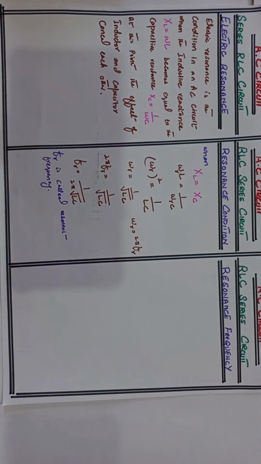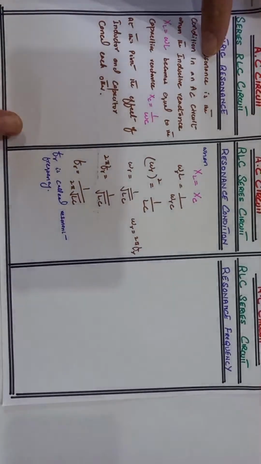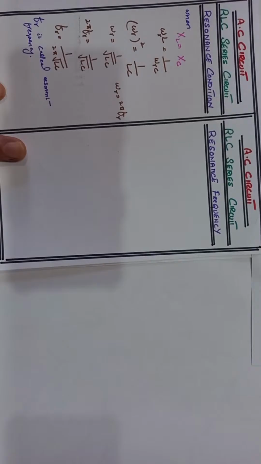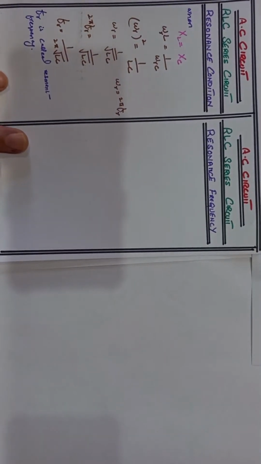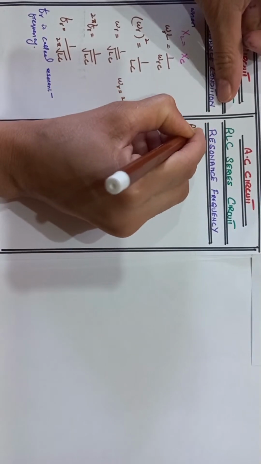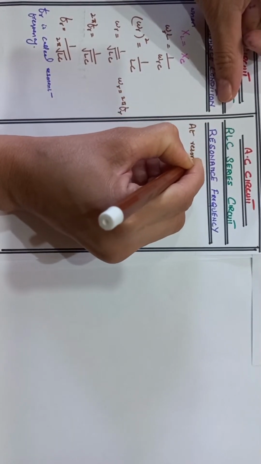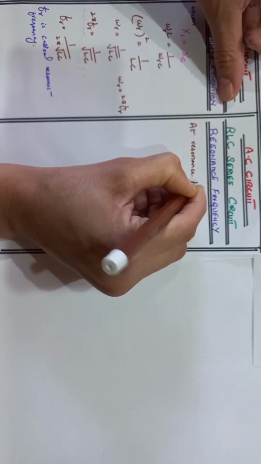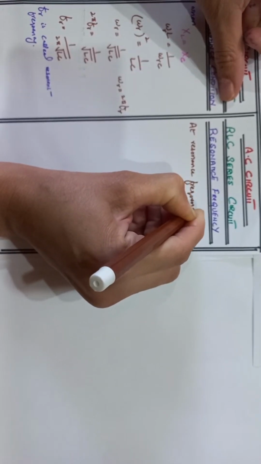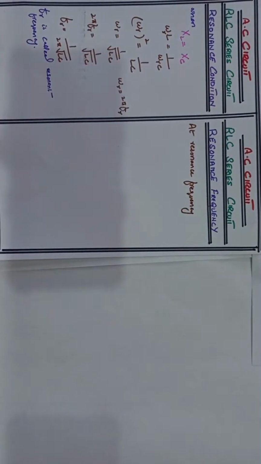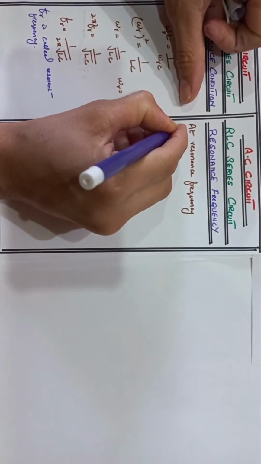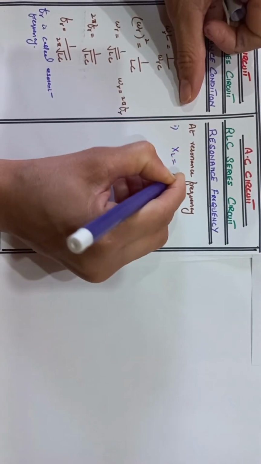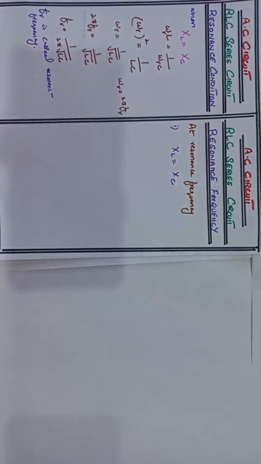Okay, next we discuss the resonant frequency conditions. So here we write about what happens at resonance frequency, that is, XL is equal to XC.